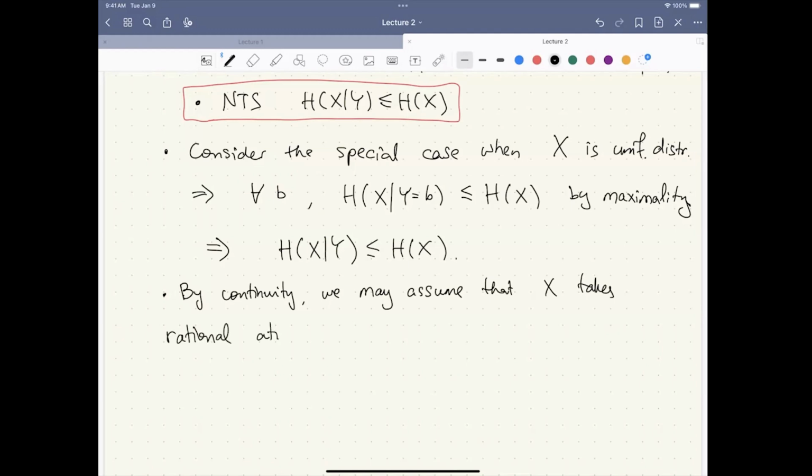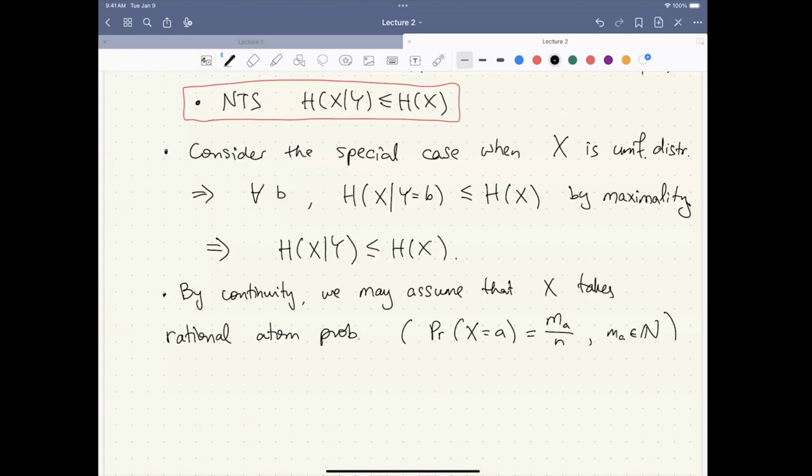So what it means is that the probability that x takes some value a equals m sub a, where m sub a is a natural number.